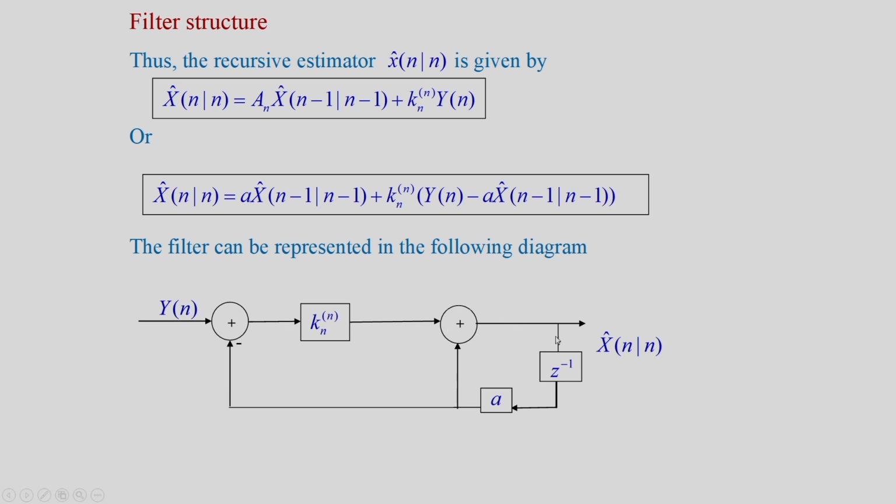The filter output will be delayed and multiplied by a, and then this will be subtracted from y_n, and that will be scaled by k_n^n, and then added to the delayed version of the past estimator, that is x hat n minus 1 given n minus 1 multiplied by a. These two will be added, and then we will get the current estimation. So, this is the filter structure for the scalar Kalman filter.